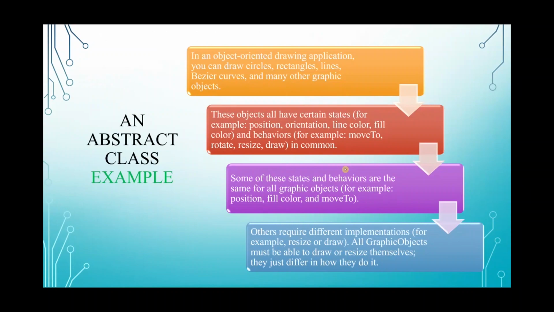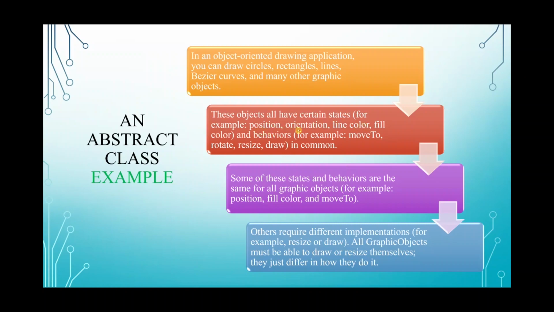So an abstract class example. In an object-oriented drawing application, this is back to drawing and resizing. So in a drawing application, you can draw a circle, rectangle, line, a Bezier curve, or any other graphic object, but you cannot just say draw an object. It's draw graphic object. So these objects all have certain states.